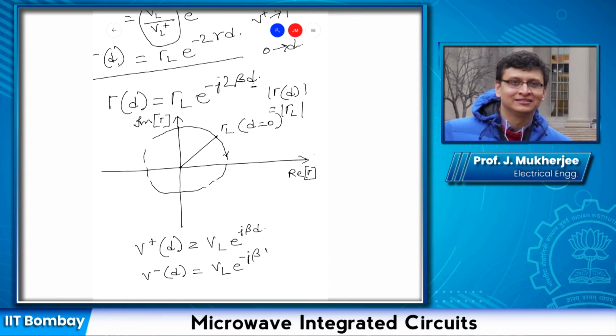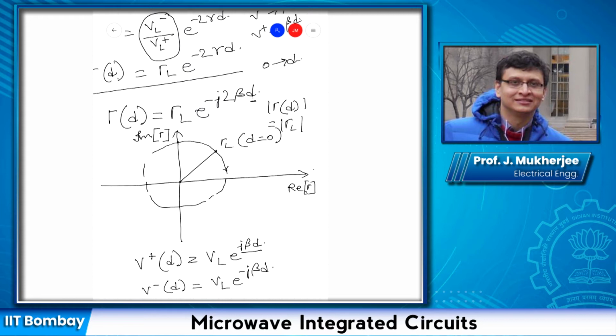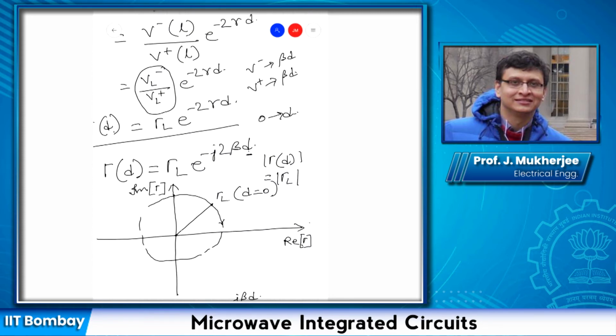This also follows from the equations that we had written while solving the transmission line equations. So the phase of V plus D will change by beta D when I go from 0 to D from the load, but the phase of gamma D changes by 2 beta D.